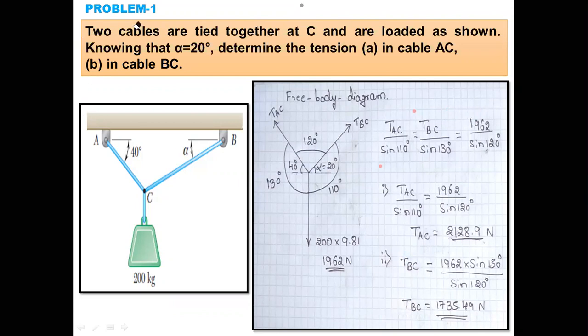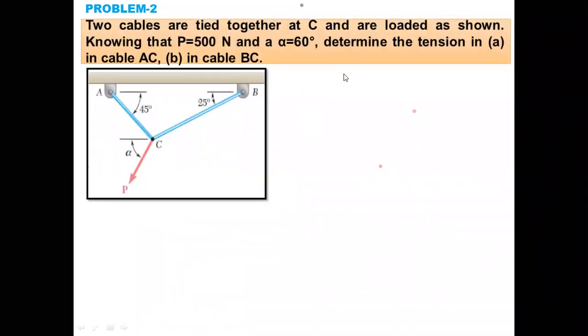Okay, similarly, if you move on to the next problem, we have to follow the same procedure. What is the problem? The two cables are tied together at C and are loaded as shown in the figure. There is a point C, and at C two cables have been tied.